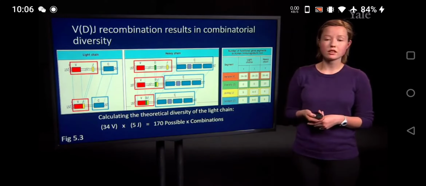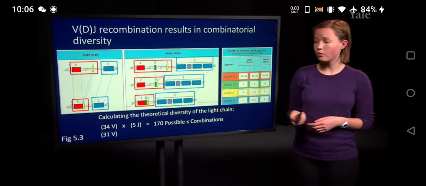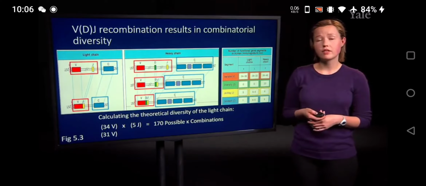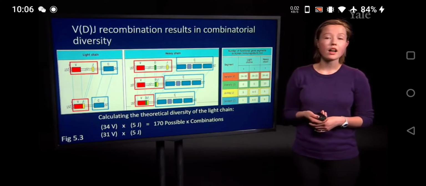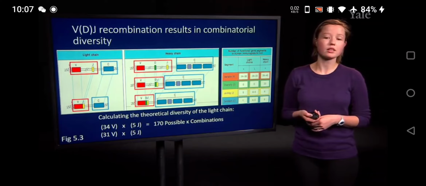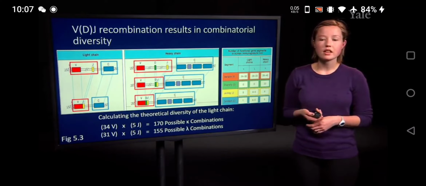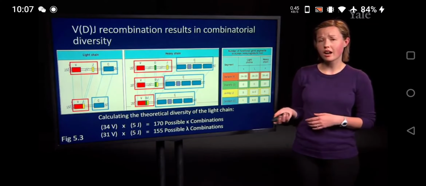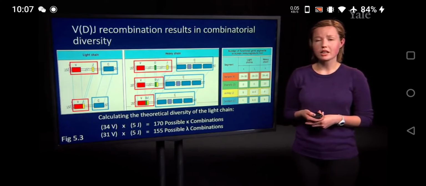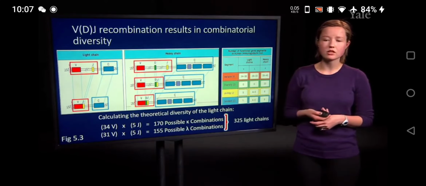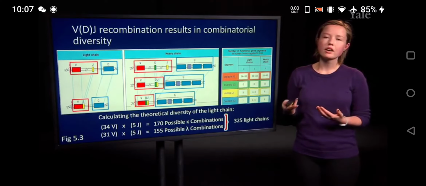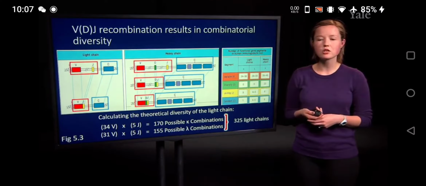So if we have 31 variable segments and 5 joining segments for our lambda light chain, this results in a total of 155 possible lambda combinations. So if we take both of these in total, this results in 325 potential light chain combinations.